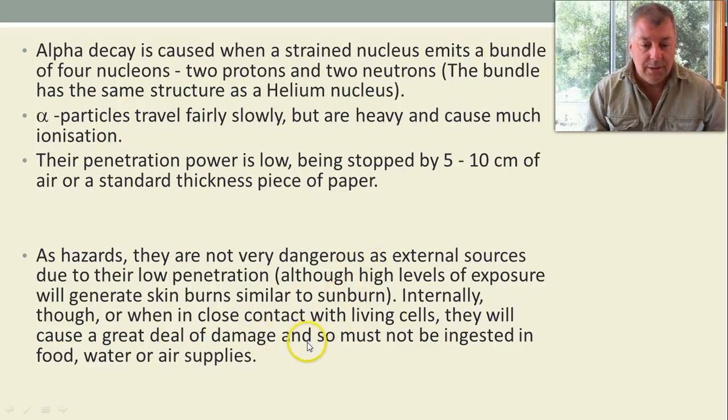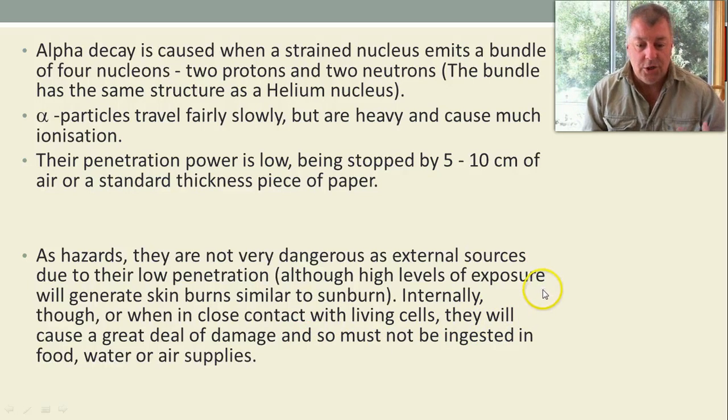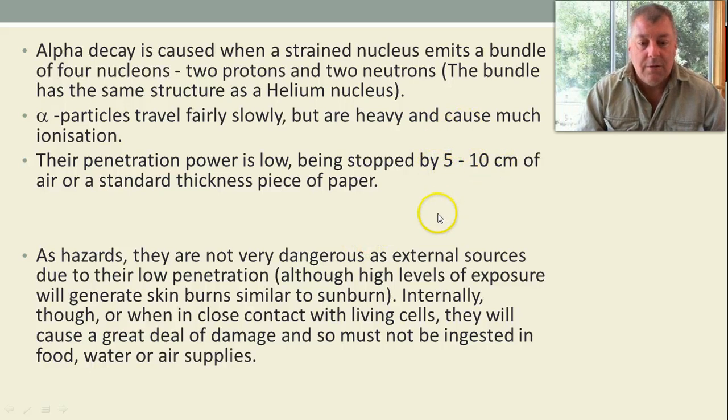So people have to make sure that if they are working with an alpha emitter, there's no possibility that you can ingest it or get close to it. Now, when we work with an alpha emitter, it's sealed, in that it's not a powder or anything, it's just a lump of metal, so it doesn't break off into little pieces, and we use tongs when we handle it, and that gives us the 5 to 10 centimeters of protection.